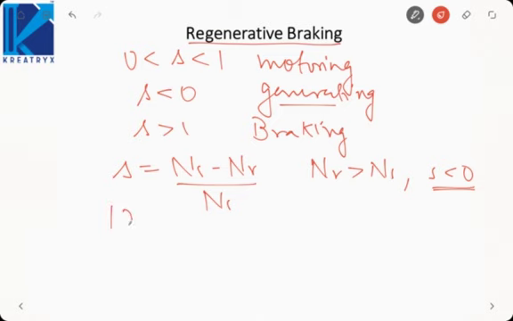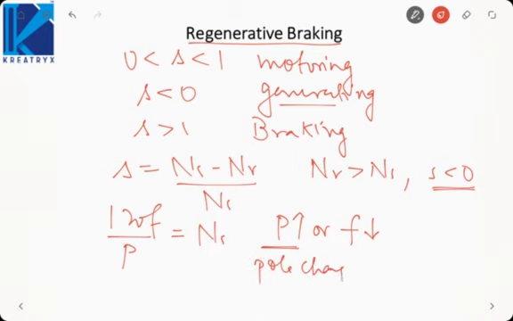So how to reduce the synchronous speed? Ns equals 120 F by P. That can be done by increasing the number of poles or by reducing the frequency. To increase the number of poles, we can use the pole changing technique, but that is only applicable in the case of squirrel cage induction motor. That is, I will bring out the stator winding terminals and connect them so that the number of poles doubles.